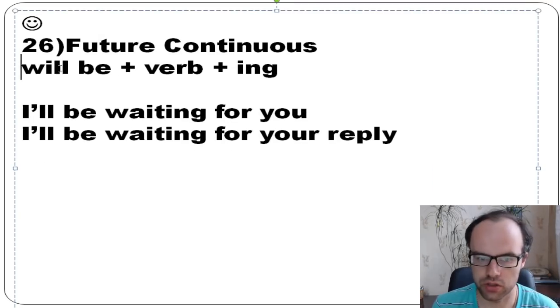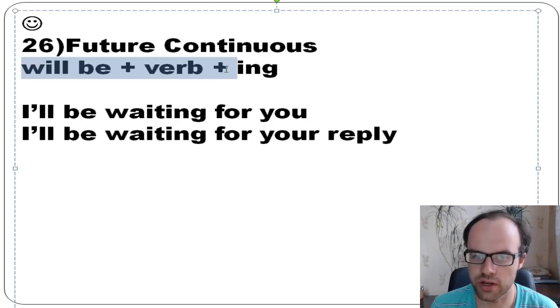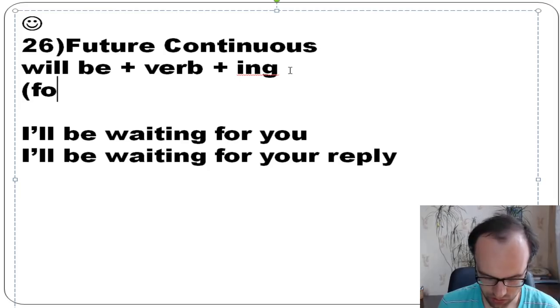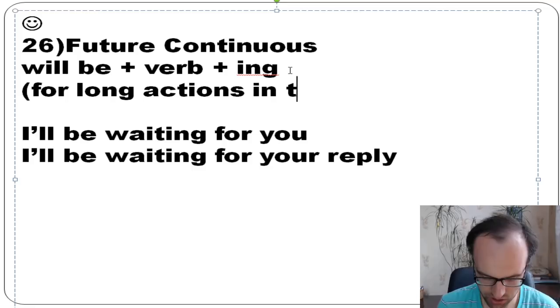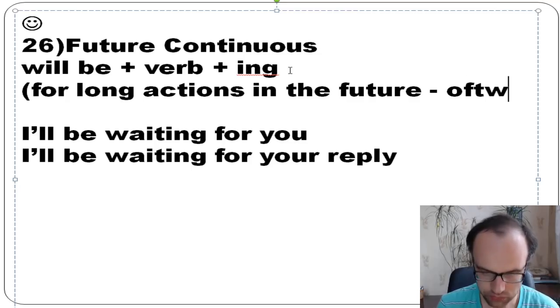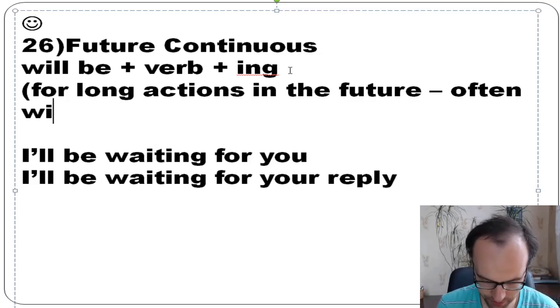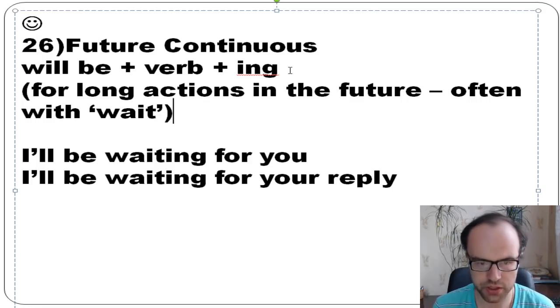What about future continuous? How do we form it? Will be plus verb plus ing. We use it for long actions in the future. Yeah, often with wait. So I'll be waiting for you.